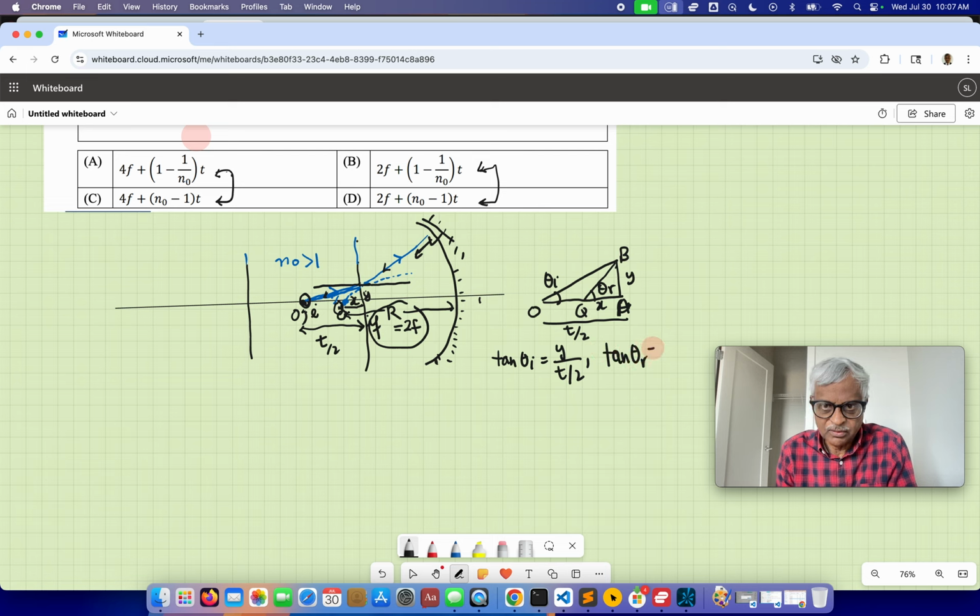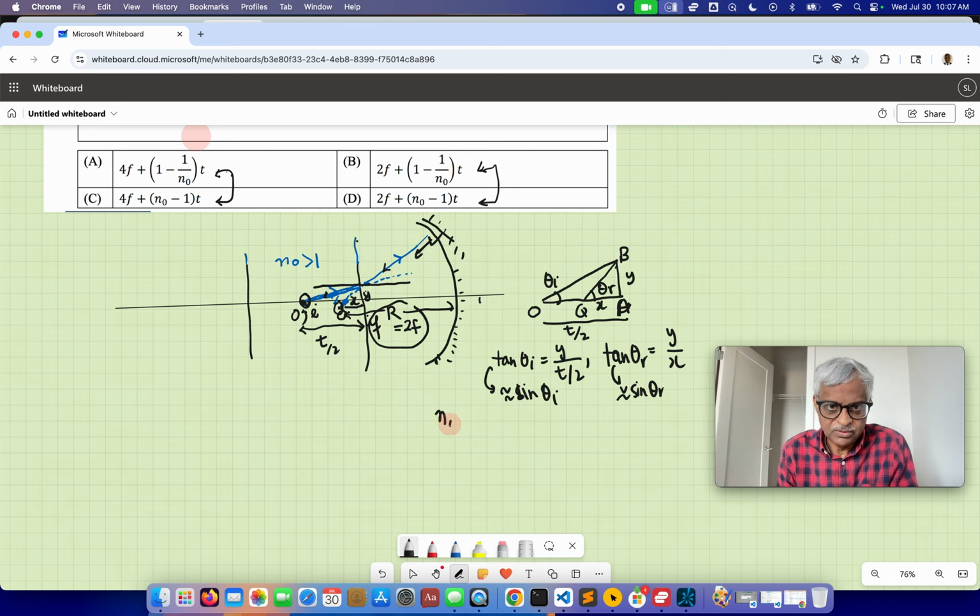Tan theta r will be y over x, and the angle being small, we can call it sine theta i, and this will be sine theta r.